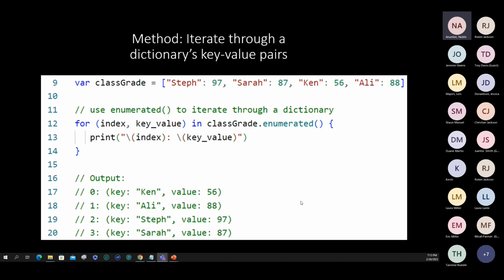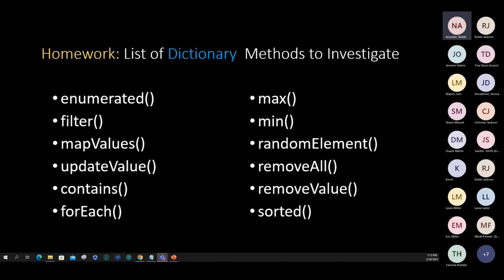Again, assume that this particular dictionary has 1,000 or 10,000 different entries. There's no way you can find what you're looking for just by looking at it, assuming it has 10,000 entries and you're looking for specific things. Maybe that's where it becomes important to use contains. Now, don't take my word for it because I haven't even checked out what contains does.